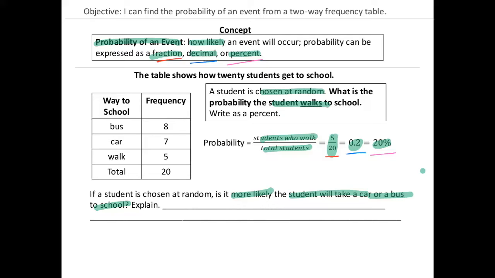So we would say it's more likely the student will take the bus, because more students take the bus than a car.